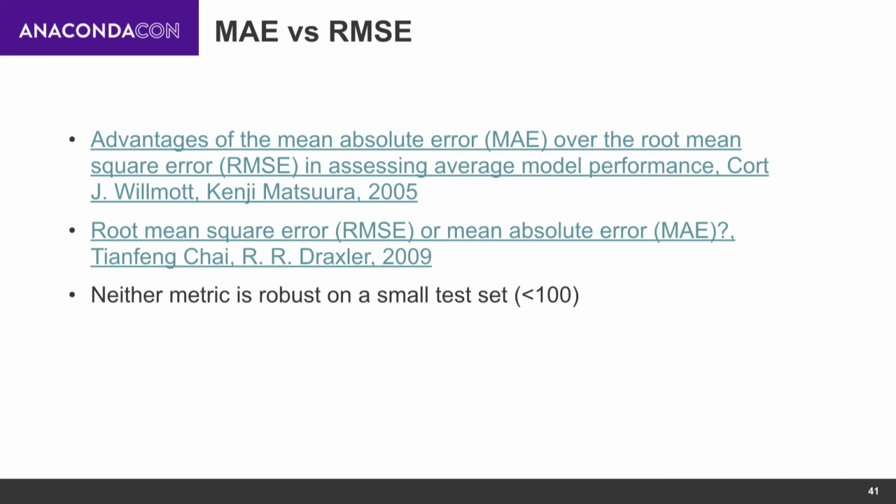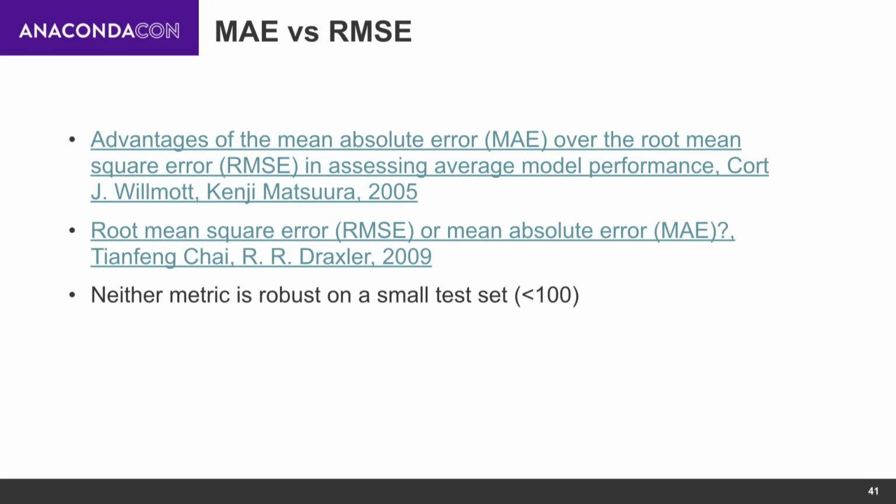However, a bit later in 2009, there was another paper by Chai and Draxler that argued that actually it's not the case, and RMSE is a perfectly fine metric, and in fact, sometimes can be better than the absolute error, especially if you expect the error distribution to be Gaussian, which is often the case.